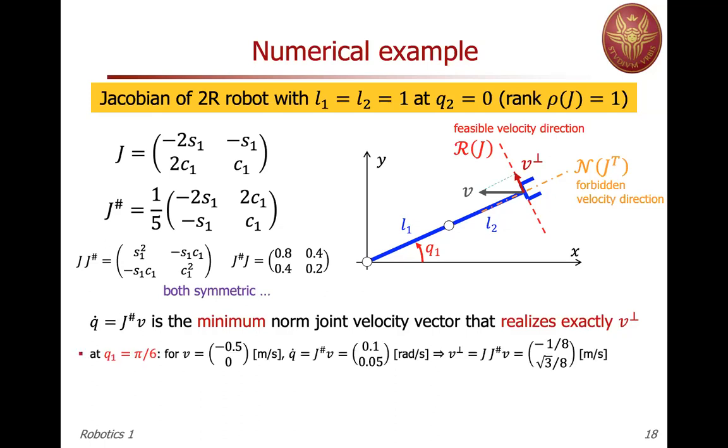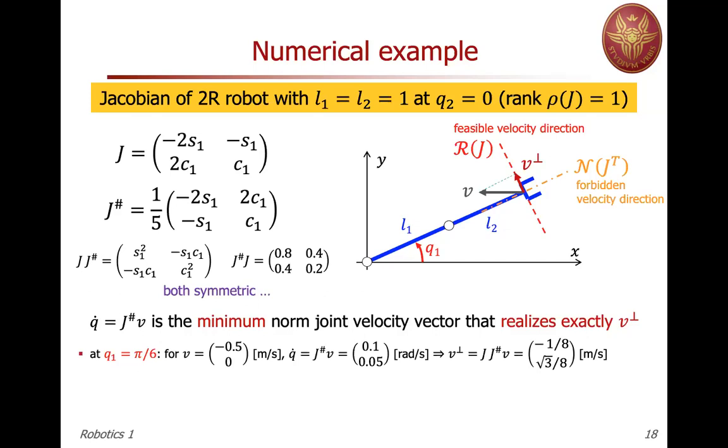For instance, if I'm putting myself in Q1 equal pi over 6, which is more or less the drawing that I made, so 30 degrees of angle, and I'm assigning a velocity in the negative x direction, so minus 0.50, like the gray one here, I'm computing the solution through pseudo-inverse, and I have 0.1, 0.1 as a joint velocity.